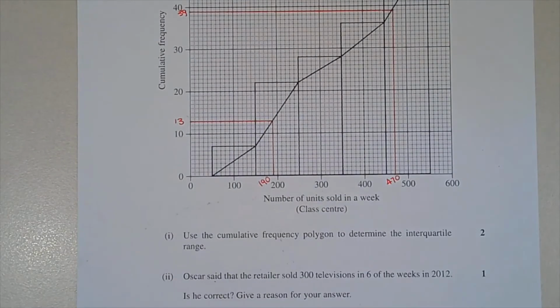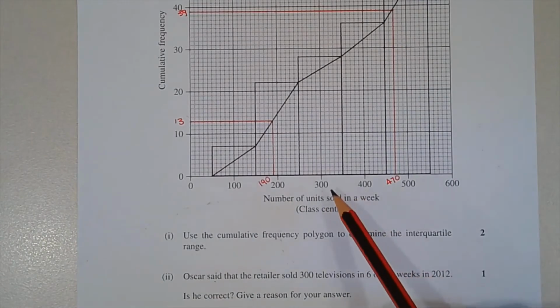So he's incorrect. Data is grouped, which means that individual or specific weekly sales cannot be determined with any degree of accuracy. And the class center of 300 includes sales from 250 right up to 349 televisions per week. So we've got to remember that 300 really represents a group and not a particular number of units sold.